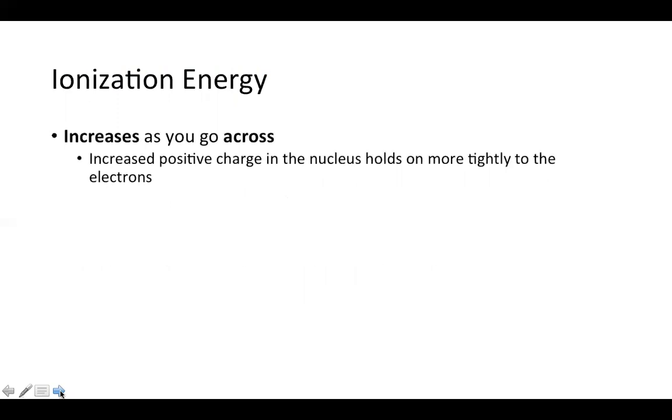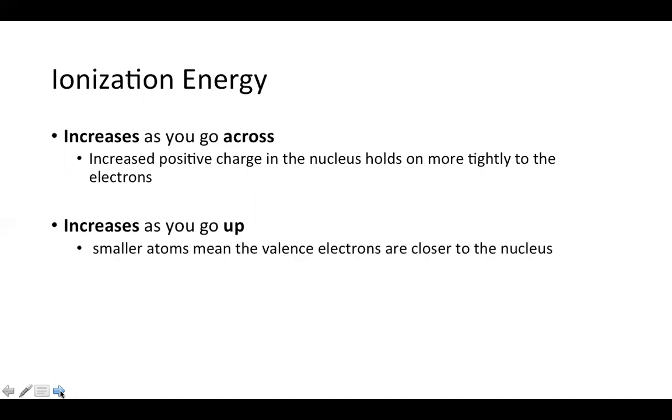It increases going across because you're increasing the effective nuclear charge, so there's a greater attraction from the nucleus to the valence electrons. It's going to hold on to them more tightly, so you're going to have to put more energy into removing one of those electrons. And it increases going up because we're looking at smaller atoms.